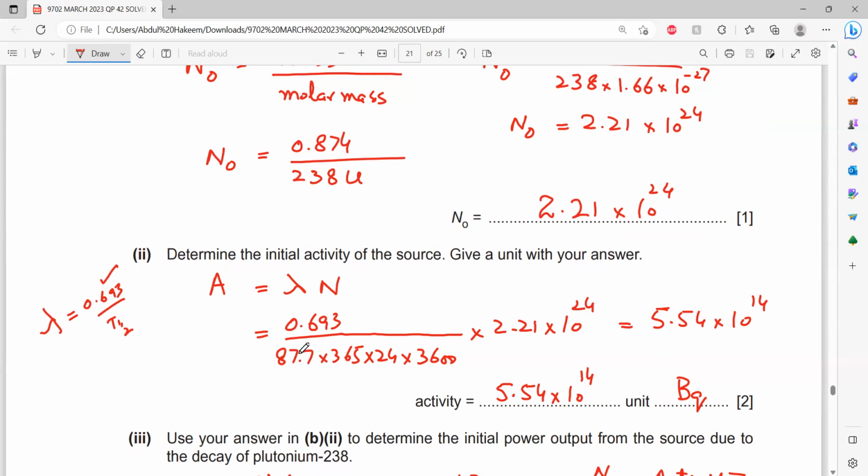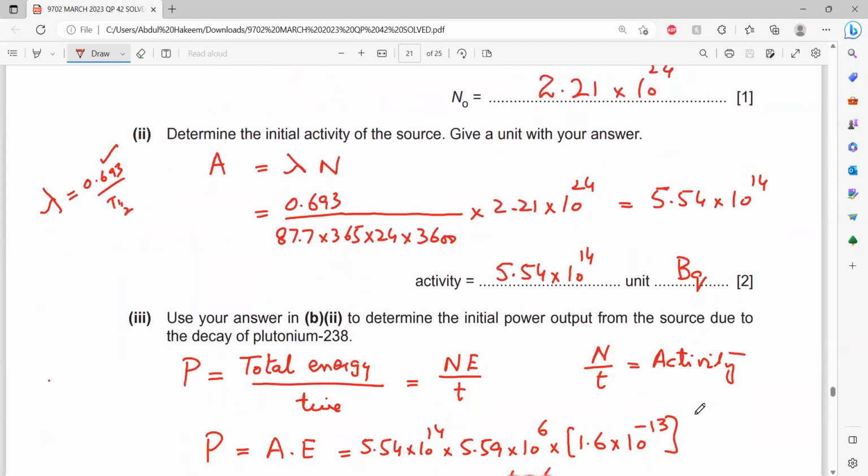But these are years, so multiply by 365 to convert into days, then 24 into hours, then 3600 into seconds, multiplied by N initial. So after calculation, you will get this answer, 5.54 times 10 to the power 14. When the period is converted into seconds, the activity is in becquerel, because 1 over second is becquerel.